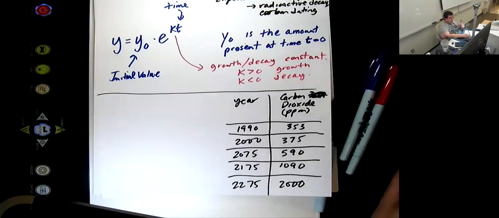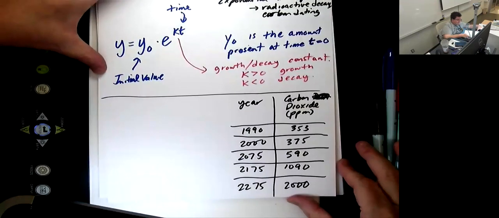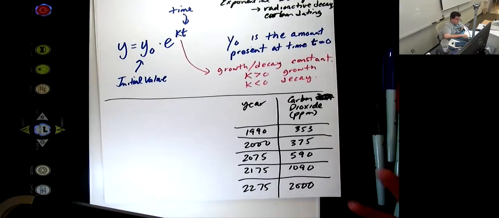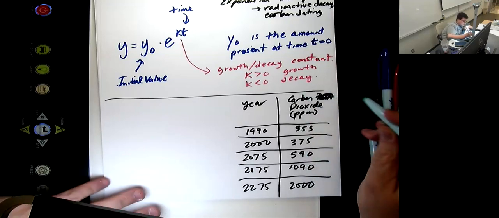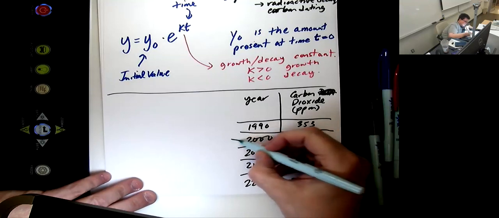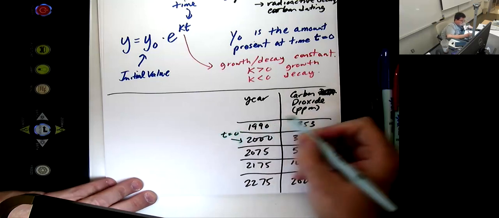So we don't know what the decay or growth constant is. It looks like the carbon dioxide is growing over time. Let's set the year 2000 as our t equals 0 year.